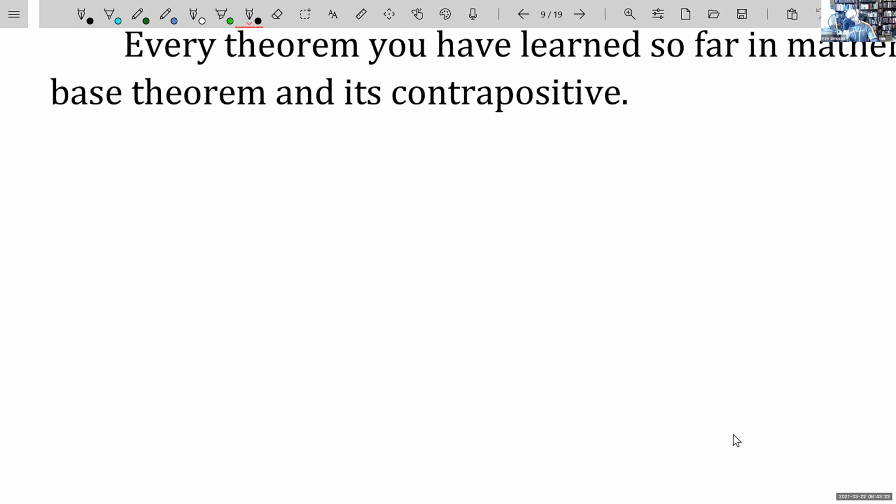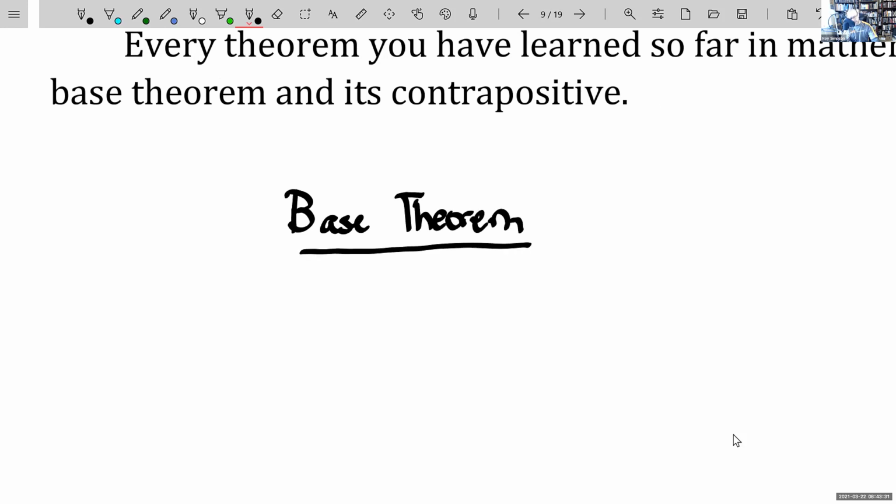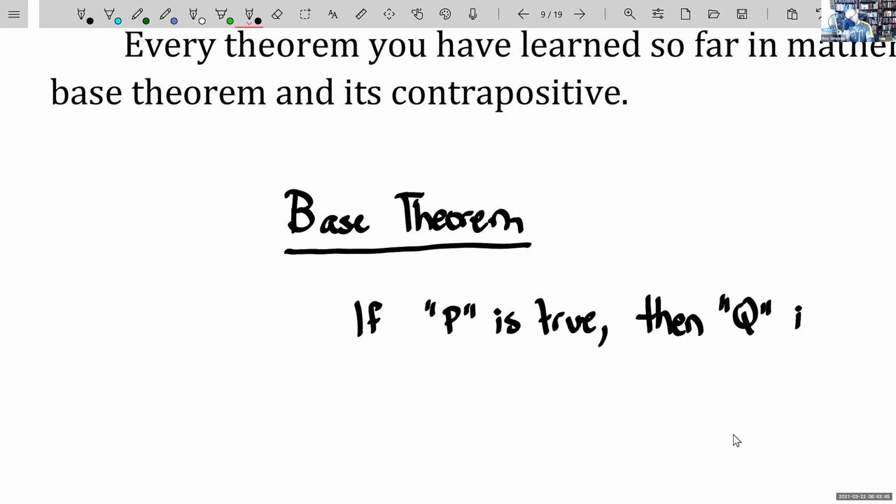So let's talk about what I mean by a base theorem. A base theorem is an if-then statement: if P is true, then Q is true.